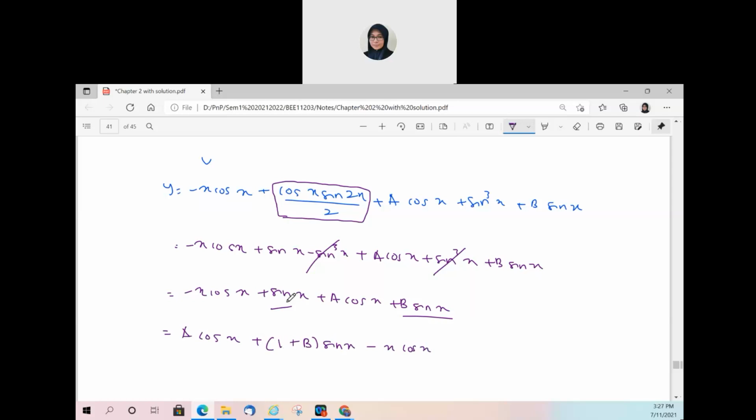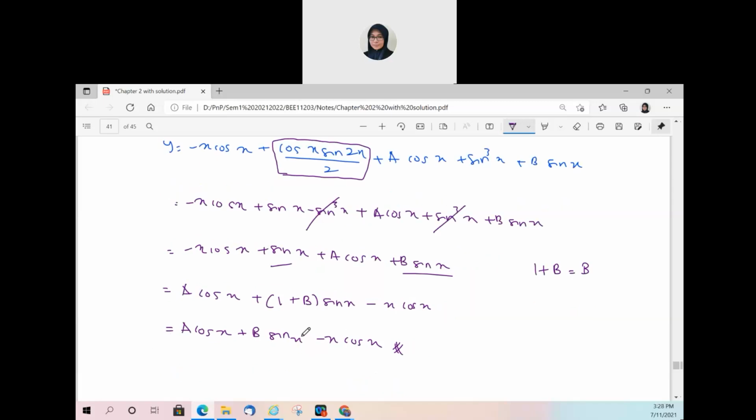Right, 1 plus b, betul. Sin x plus b sin x, kita groupkan, so we have 1 plus b sin x. So 1 plus b is equal to b. Then our equation will be a cos x plus b sin x minus x cos x. Then we already proved that the solution is this one.